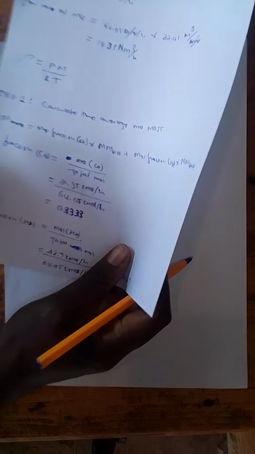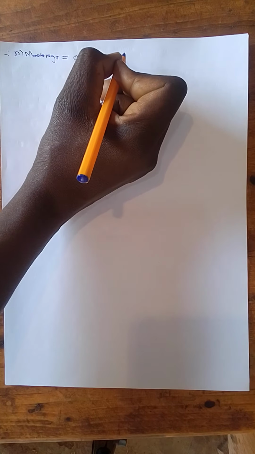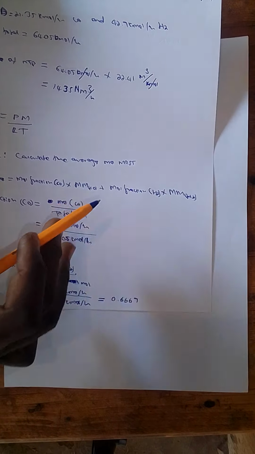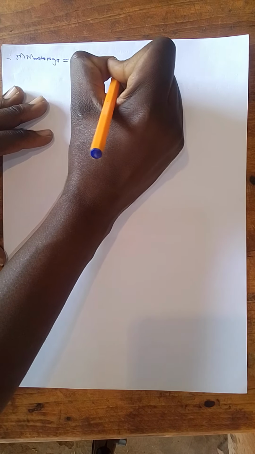the mole fraction of CO, 0.3333, multiplied by the molar mass of CO. The molar mass of CO is 28, it's 16 plus 12, so it's 28.